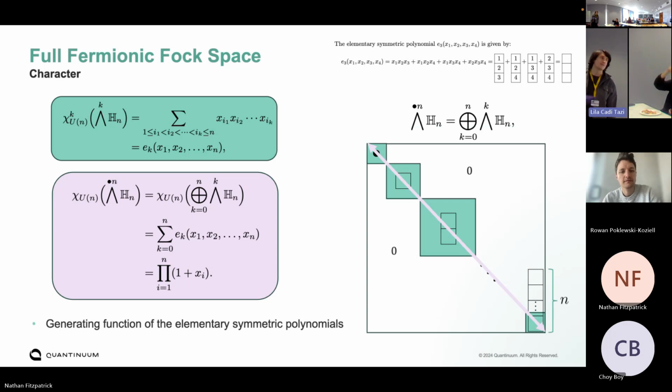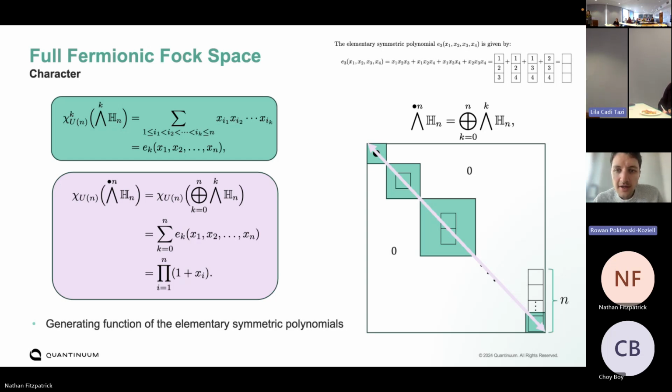So each term in the polynomial has k variables, but they're picked out of n variables. So you get k blocks that are always filled with the n variables.